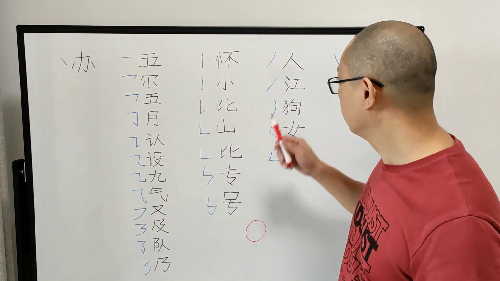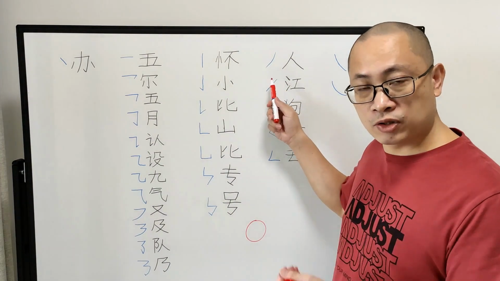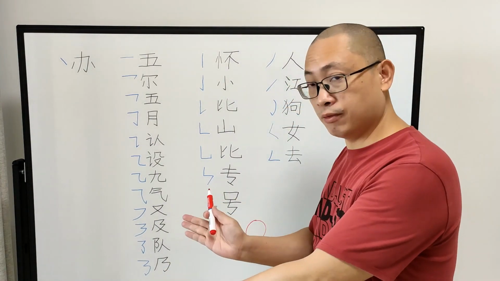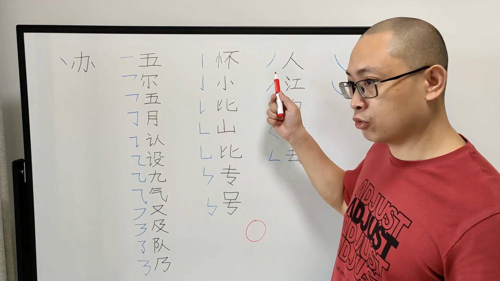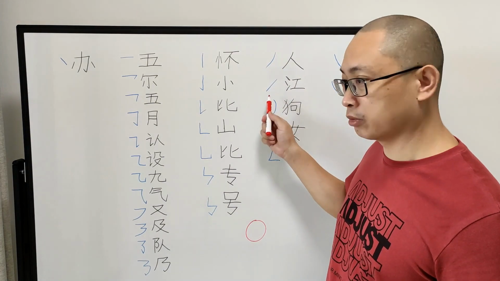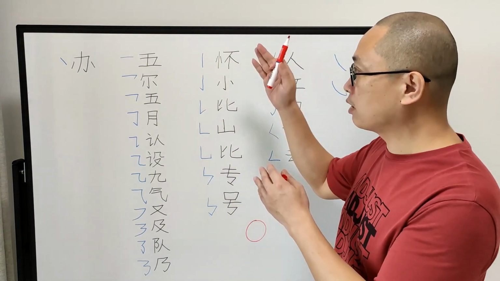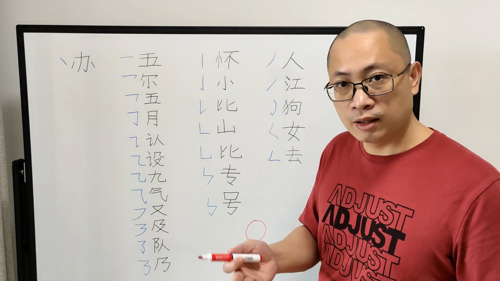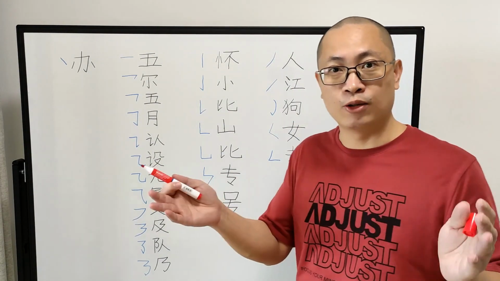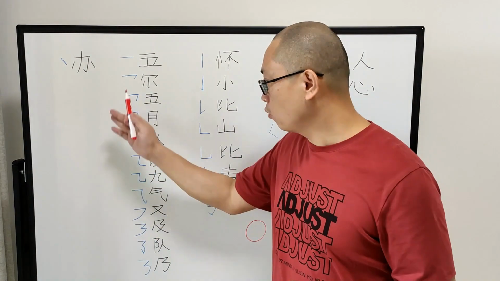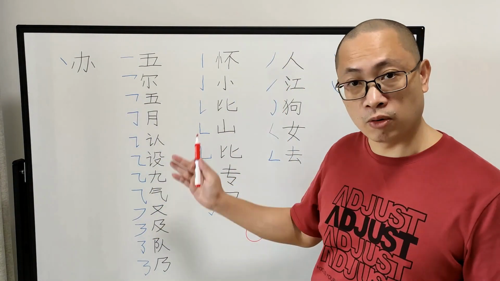For example, this, I say, left side folding stroke. You can say slash. And this stroke, I say uprising stroke. You say slash 2.0 version. Okay, no problem, it's fine. Whatever you like to call them.